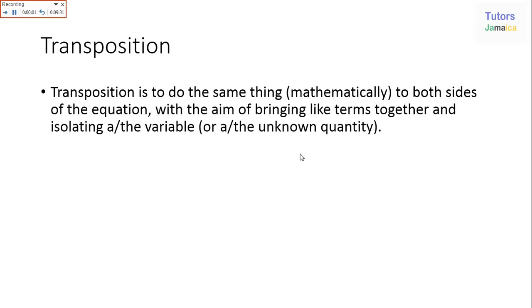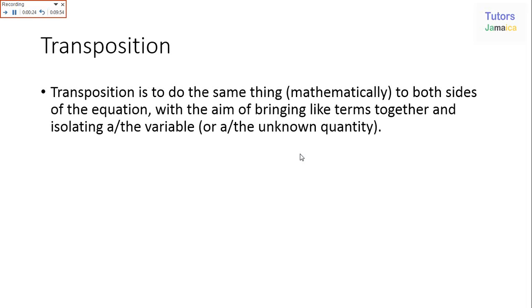Now, transposition. What is this transposition that I've been speaking about all this time? Transposition is to do the same thing mathematically to both sides of the equation with the aim of bringing like terms together and isolating the variable or the unknown quantity.